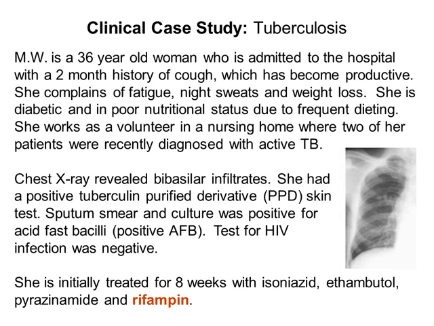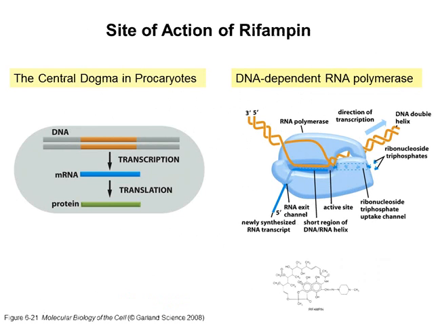So we don't care right now what these other agents do, but we want to know, well, what does rifampin do, and why is this interesting in terms of RNA synthesis? Well, what rifampin does is it has a fairly selective action on the RNA polymerase. That's a new idea, right?